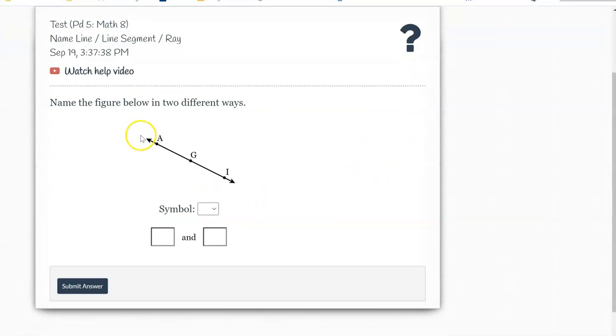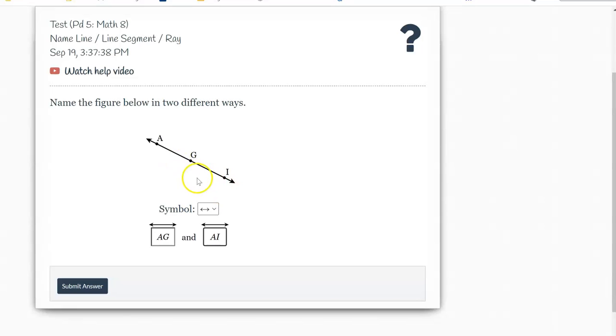Now this item is a line, and I know that because it has an arrow on both the left and the right sides. So a line symbol has 2 arrows, and you can name this line using any 2 letters along the path. I can use A to G, like this, or G to I, or I can even use A to I, like that.